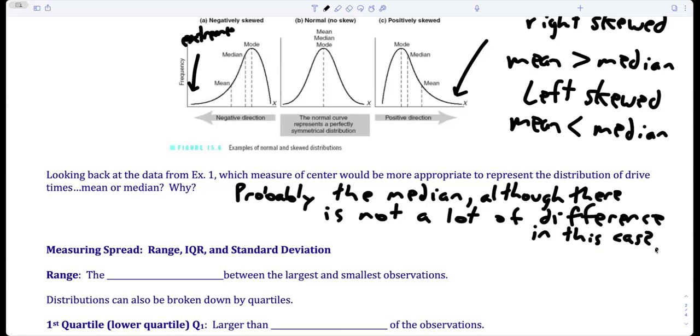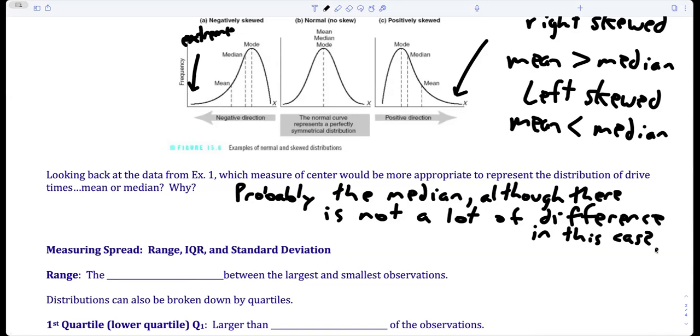Not a lot of difference because what was the mean? 22.5, and the median was 20. Right, so there's not a whole lot of difference in those two things in this instance.